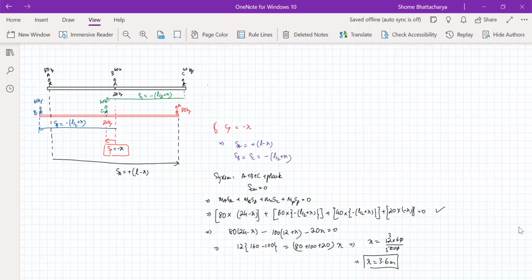Sir, I am getting 3.6. This is correct. At least up to this step, it is correct now.